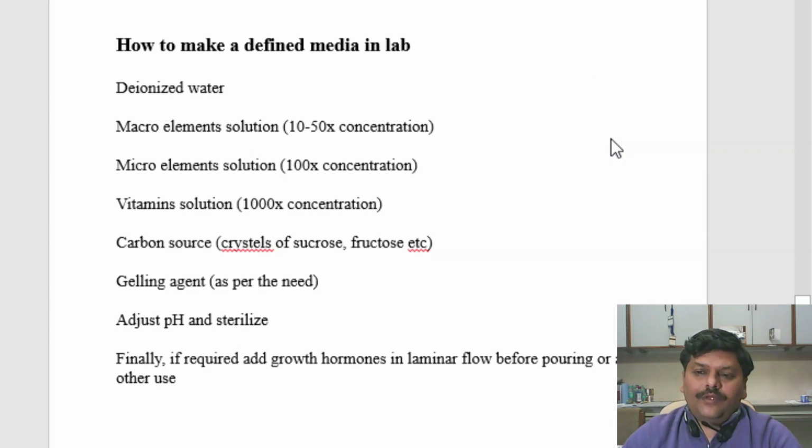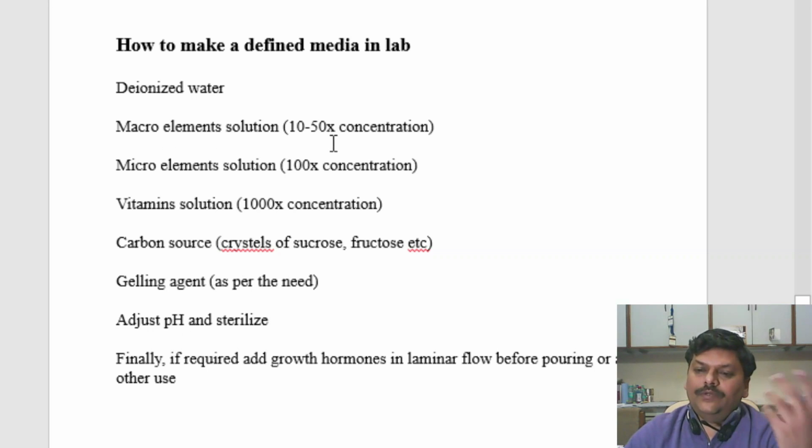Now, how do we make a defined media in the lab? We take deionized water and we add different components such as macroelements, microelements, vitamins and carbohydrate source, followed by gelling agent in a sequential manner.